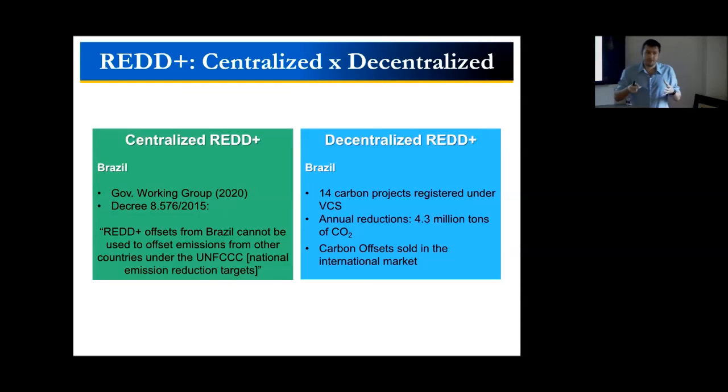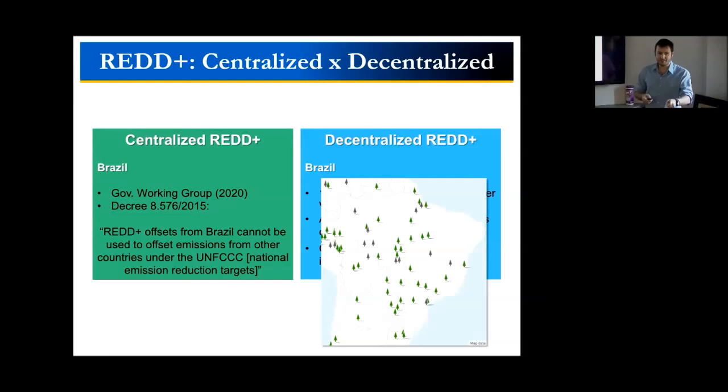With that, they generate money that is invested in clean, sustainable development. But if you sell all your cheap carbon credits outside, then Brazil, when it tries to meet its goals, is only going to have the more expensive emissions reduction options. Yes, and that's great for my next slide.